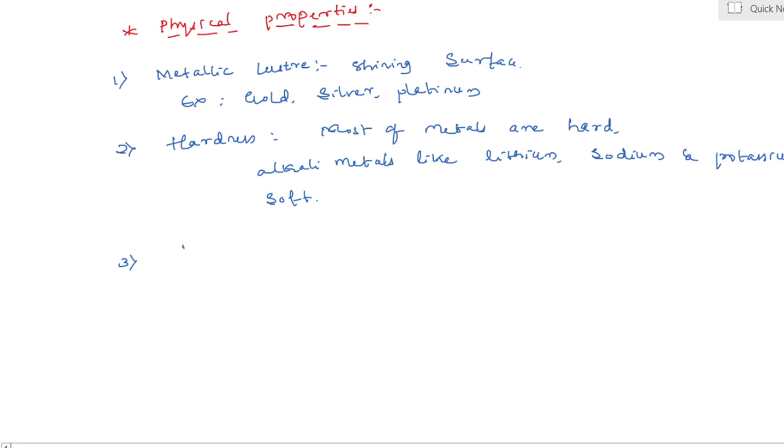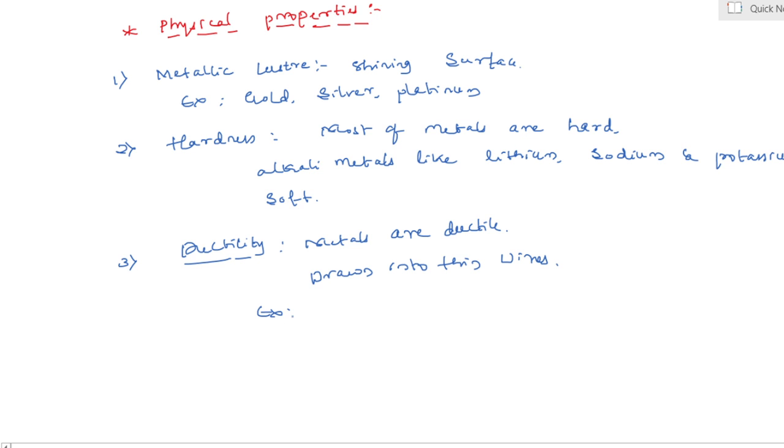Next physical property is ductility. Yes, it means metals are ductile. It means drawn. Metals are drawn into thin wires.